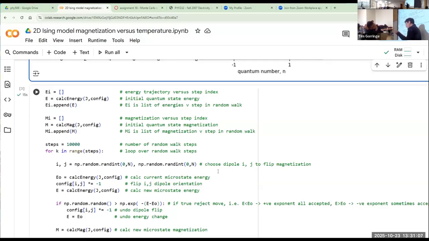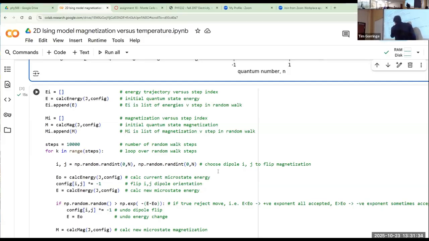I'm going to undo the change in the configuration. So I'm going to multiply that element of the matrix by -1 again, so it puts it back where it was. And I'm going to undo the change in the energy. I'm going to set the new energy back to be the old energy.